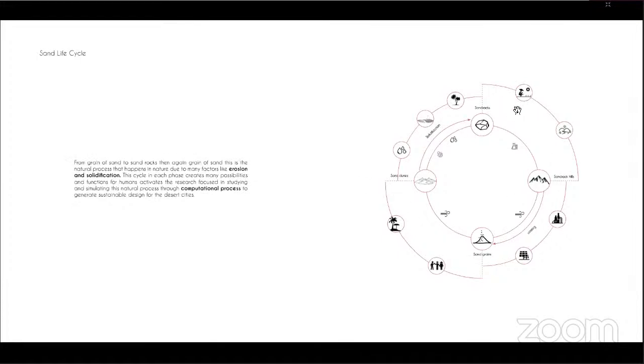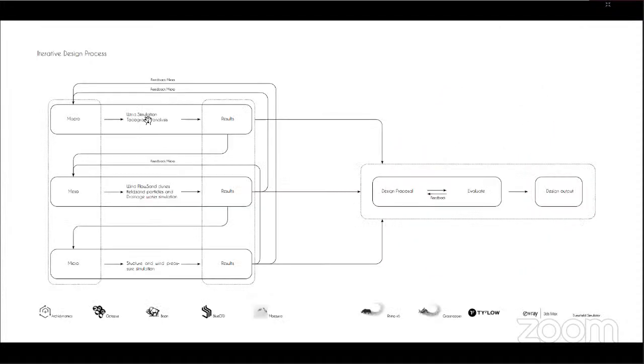And I also studied the human activities that could happen during each stage. And this was my iterative design process. It's like a closed feedback loop. That means any change that happens at the macro, meso or micro scale affects the whole design output at the end, but it's all inside the loop.